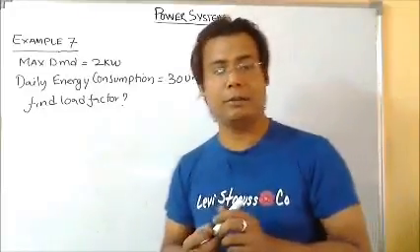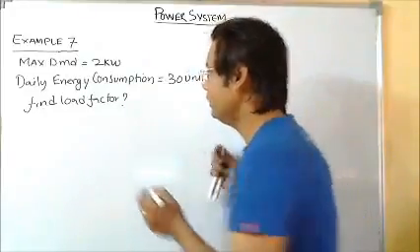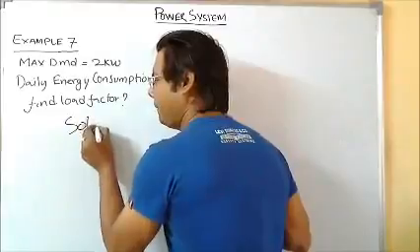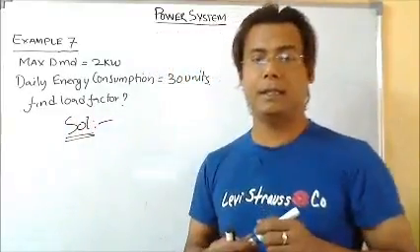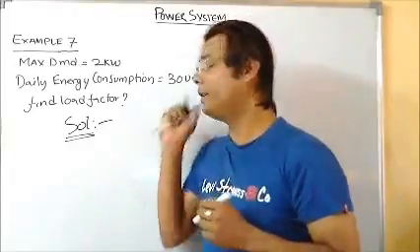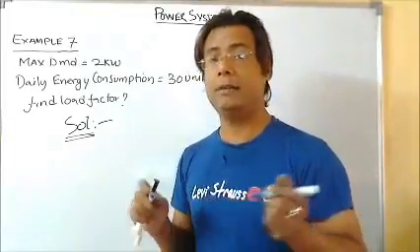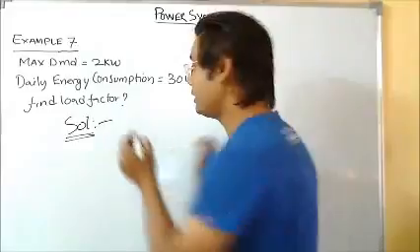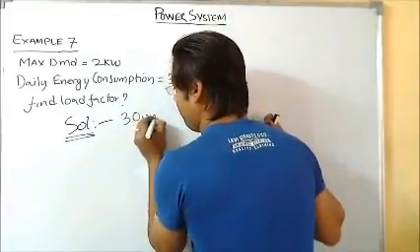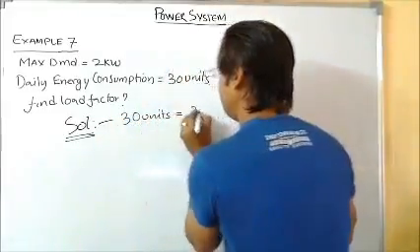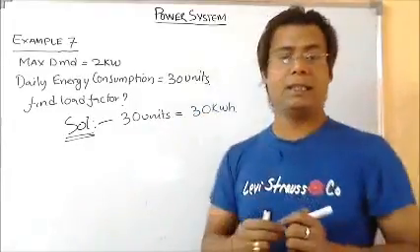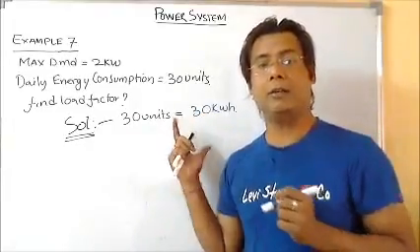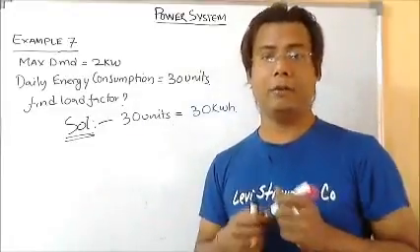So how to start with this question? Since 30 units are given, 30 units means 30 kilowatt hours. This 30 kilowatt hours is for a day, so we have to find it for 1 hour.